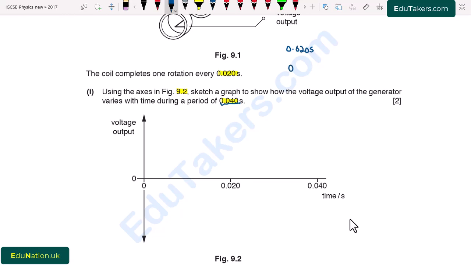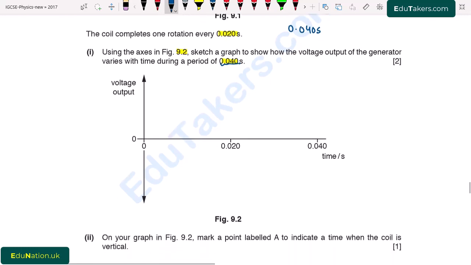So again, time is 0.040 seconds. It means that 2 rotations are completed in 0.040 seconds. So here the voltage output is taken along the y-axis, and the time is taken along the x-axis, and it is measured in seconds. So here we have to draw the graph for the voltage output.